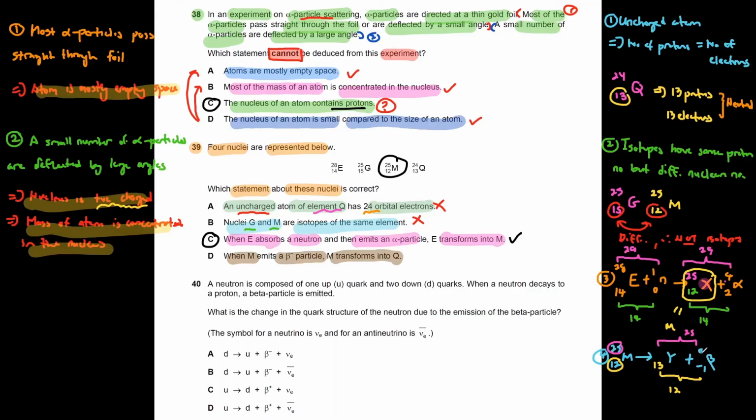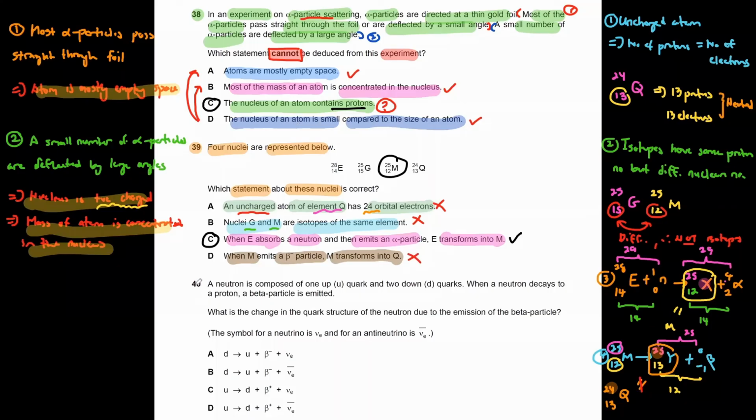So in your case, the beta minus particle has 0 nucleon number, so the unknown element Y must be 25. So now, is this unknown element Y the same as element Q? Element Q is 24, 13. The nucleon numbers are actually different, so you cannot say that they are the same here. Okay, so D is also out.